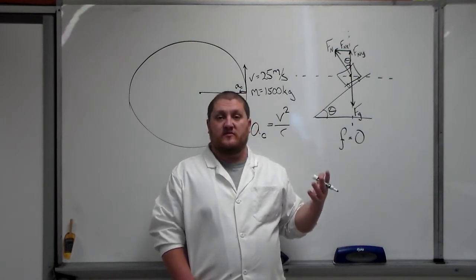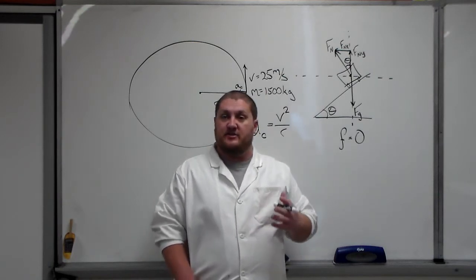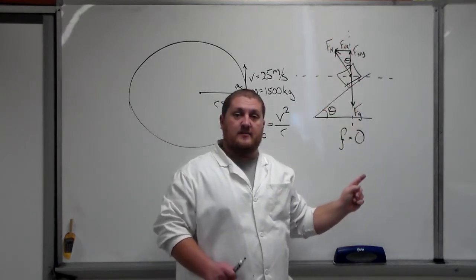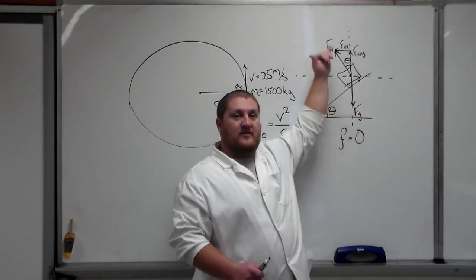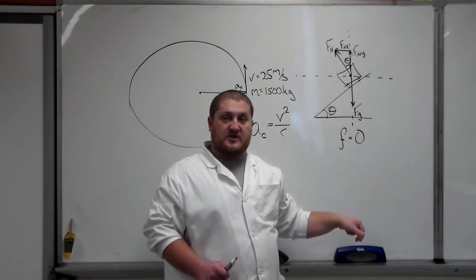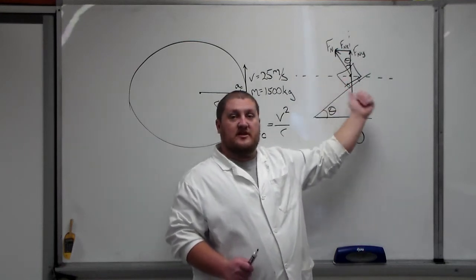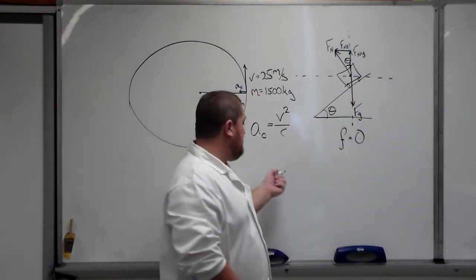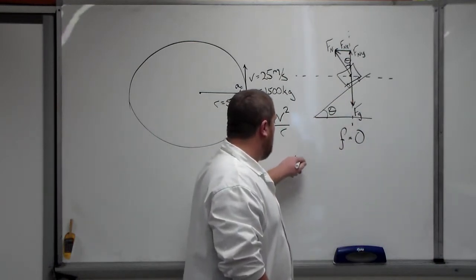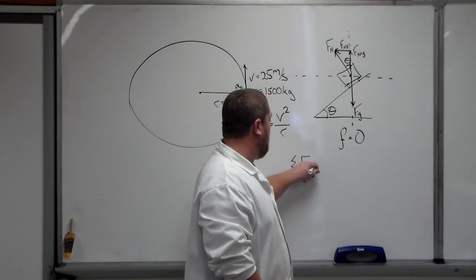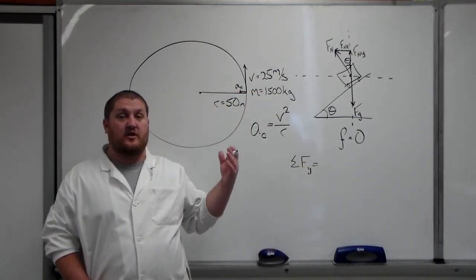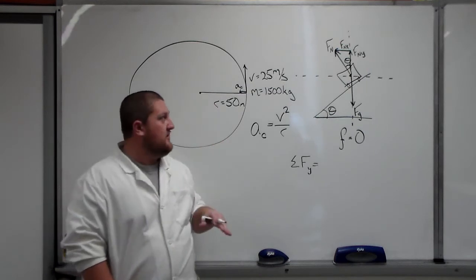Now I need to solve the net force in each dimension. I know the car is not accelerating in the y dimension because the car isn't bouncing off the road or getting pushed down into it. Its only acceleration is in the x dimension. So my net force in the y, and for simplicity's sake, I'm going to call up positive.